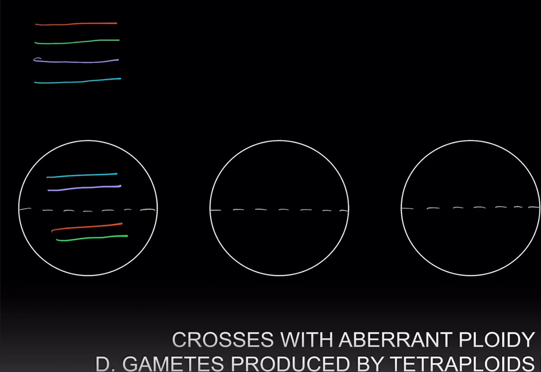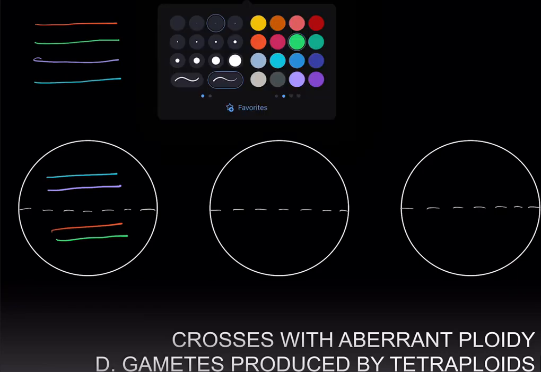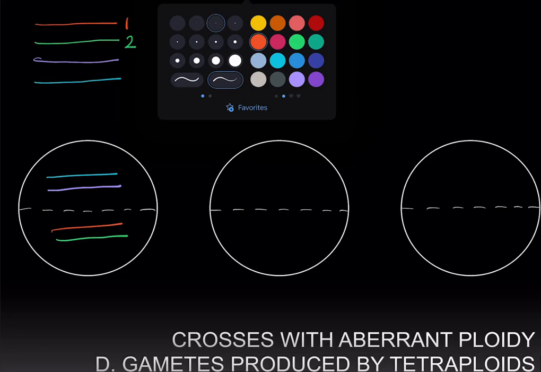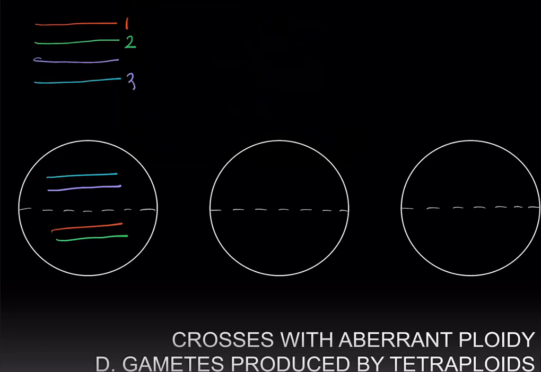There are several different ways of doing this, but one thing that's easier is to give these chromosomes numbers. And we can just start to write all the different ways in which you can pick 2.